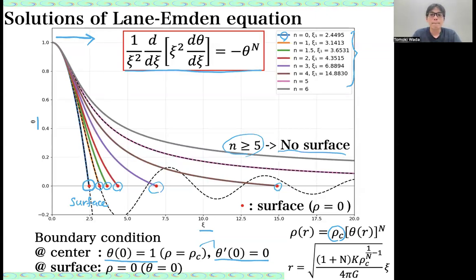Okay. And there are 3 black dashed lines for the n equals 0 case, 1 case, and 5 case. This is the analytic solution for this equation. And if you want, please search or consider by yourself. Okay.